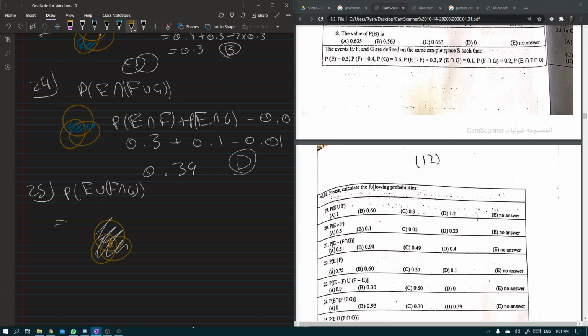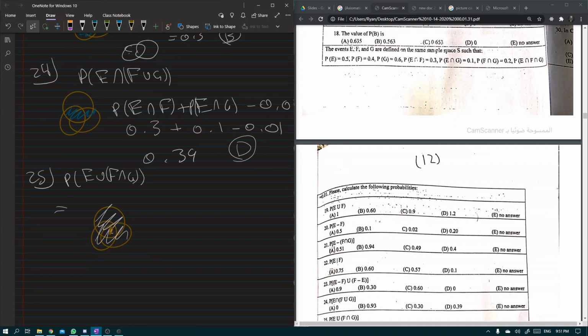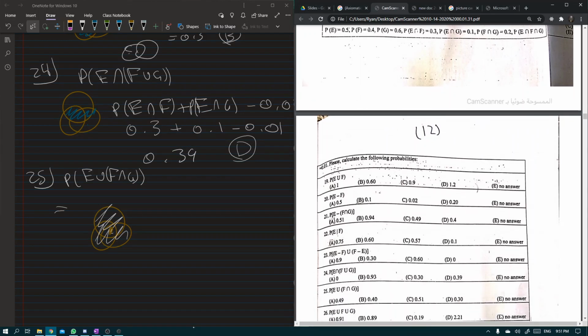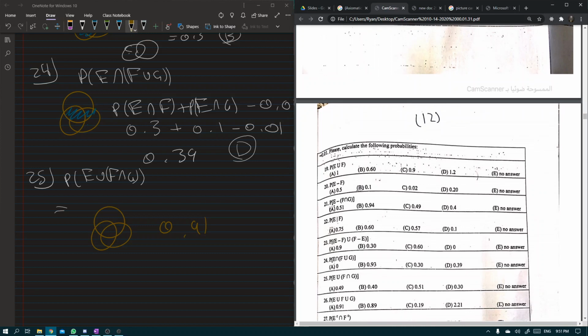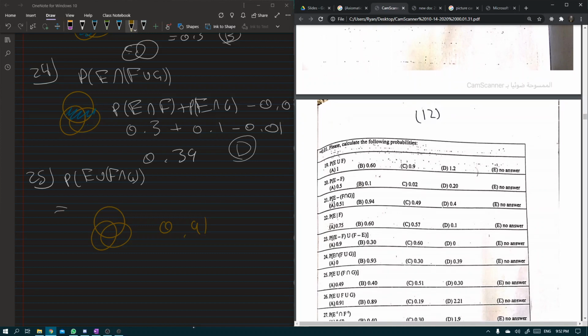But what does the F intersection G have to do with that? Okay, let me get the answer first. It's 0.91. Is that one of the answers? No. Okay, let me think of it again. E is all this. F intersection G. Oh, intersection. My bad.